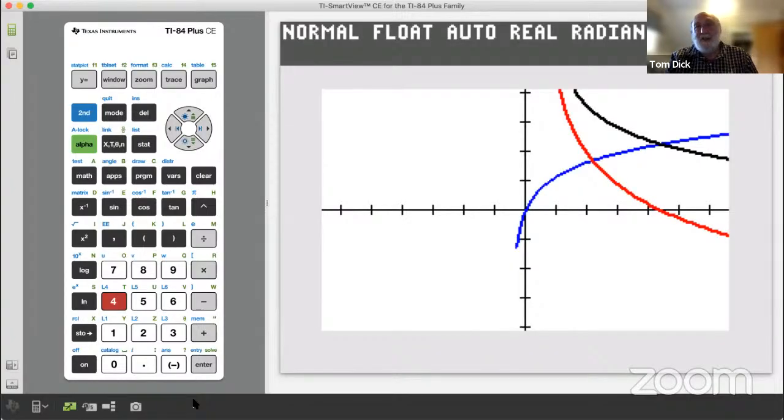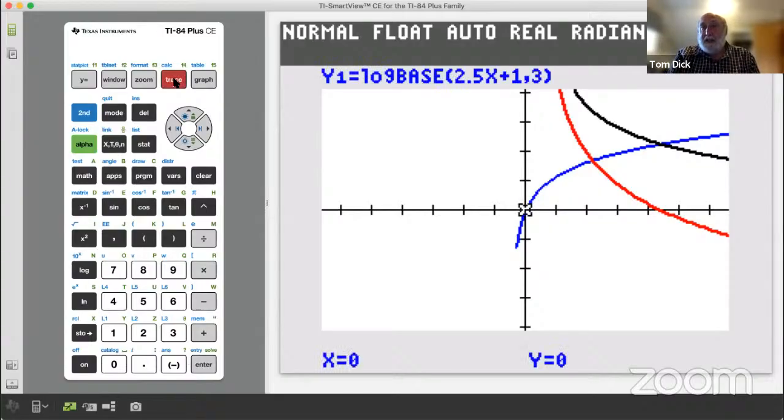All right, we see 3 graphs. Yes, it graphed all 3 of them. Perhaps we should only graph Y3, but keep in mind, if you turn on trace, it will identify those functions for you. The blue one was our first one, Y1. I hit the up arrow, and it actually went to Y3.